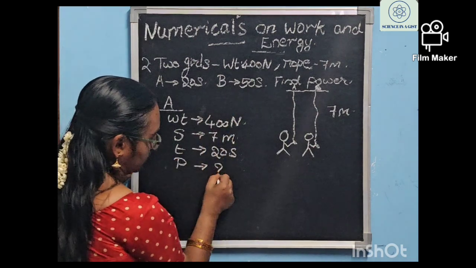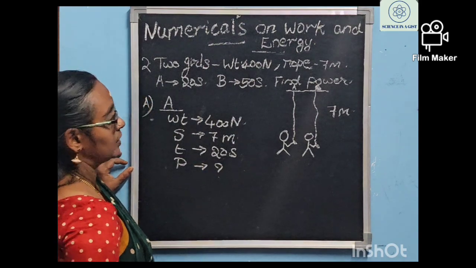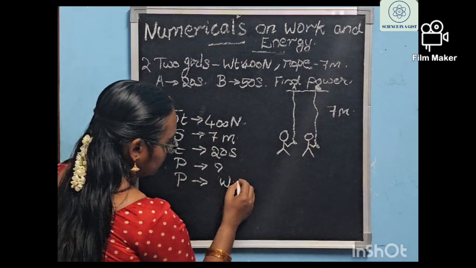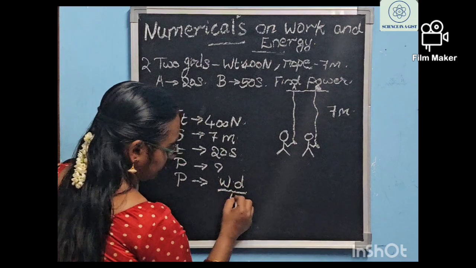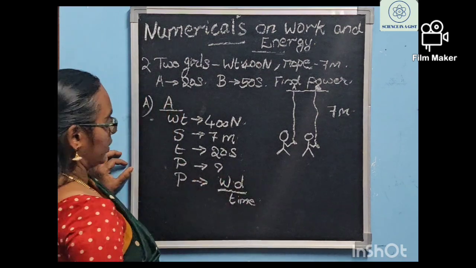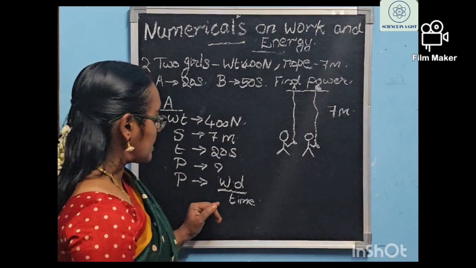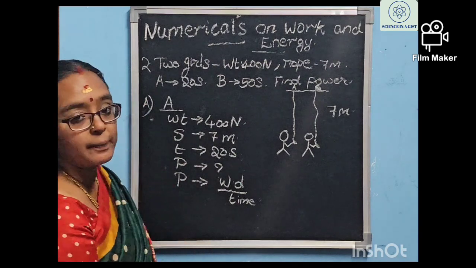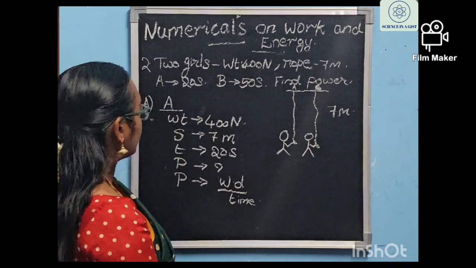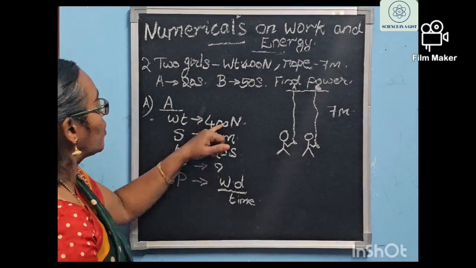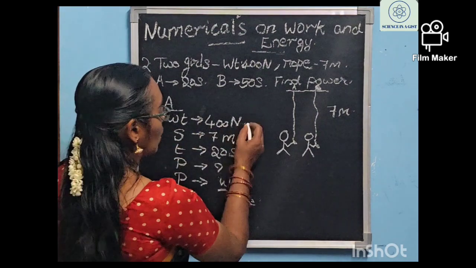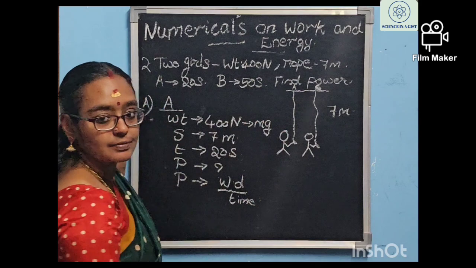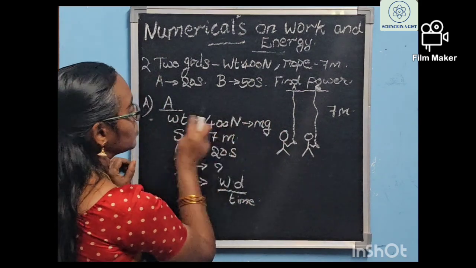Now we have to apply the formula. What is the formula for power? Power is equal to work done divided by time. Is the work done given here? No, work done is not given here. But instead, what all things are given? Weight 400 Newton. What is the meaning of weight? Weight means M into G, isn't it? M into G is equal to 400 Newton.